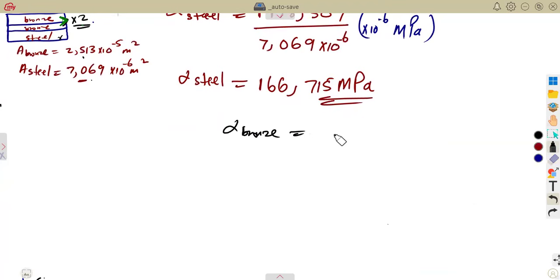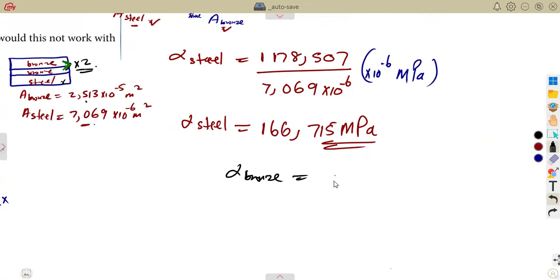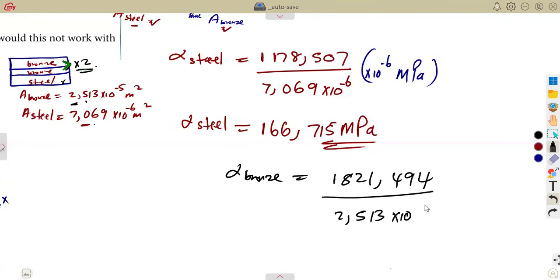So the force for bronze, remember, it was 1,821.494. We calculated this over what? The area affecting the bronze, 2.513 times 10 to the power of -5. To the megapascal, times 10 to the exponent of -6. Your answer is in megapascal.